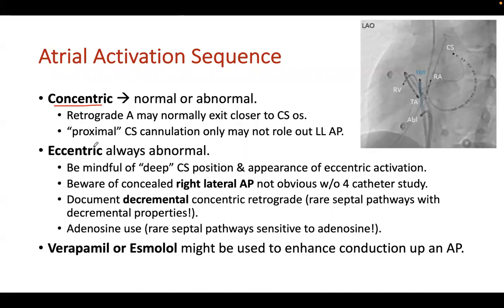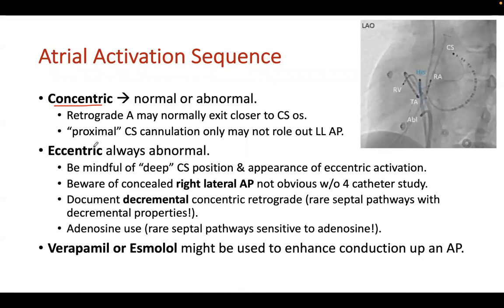Sometimes we have difficulty engaging or intubating the CS all the way deep. Sometimes we only have proximal CS cannulation, only the tip of the CS or midway of the CS catheter is in the CS. But we don't have a catheter that's very distal. So imagine in this case you have a left lateral accessory pathway, you might not see it.